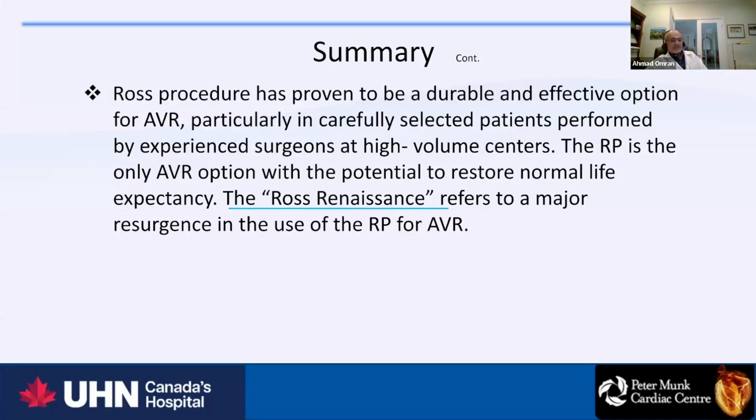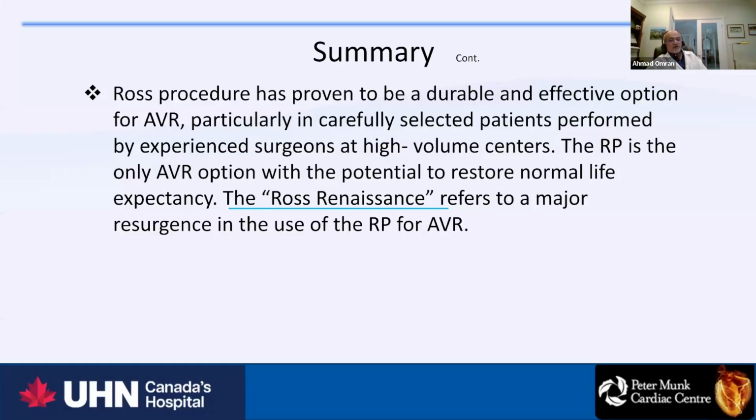The Ross procedure is the only AVR option with the potential to restore normal life expectancy. The Ross Renaissance, they call it Renaissance because it came back, refers to a major resurgence in the use of the Ross procedure for AVR. Now in Canada, 5 centers are doing Ross, and in the whole of North America, I think 10 centers are doing high volume Ross.